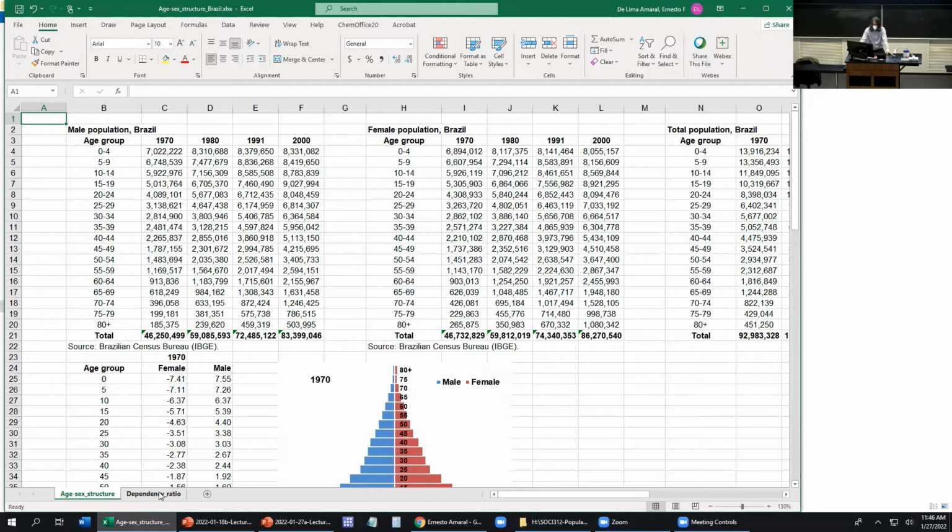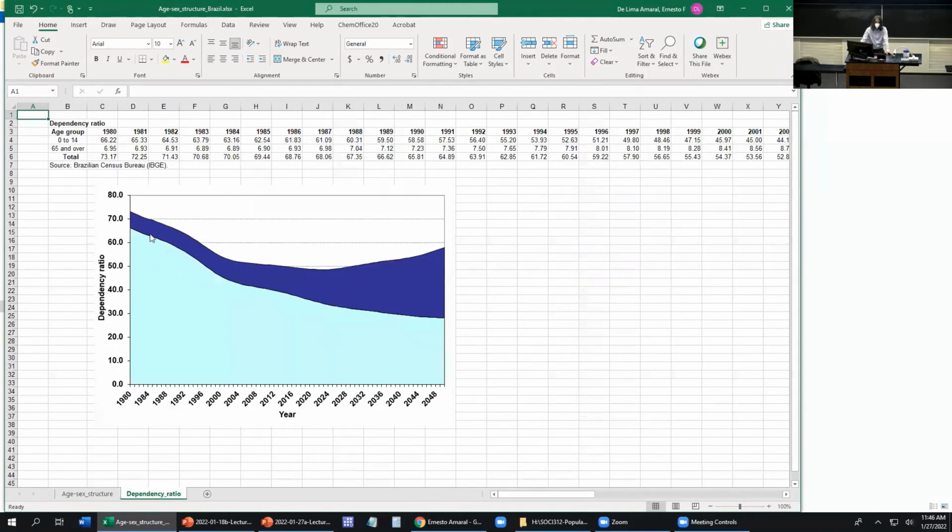And also here I have the dependency ratio. In this case, see, I broke it down. Sorry, the light blue is the child dependency ratio, which has been declining over time because fertility declines. We have fewer children in relation to the working age population in Brazil.